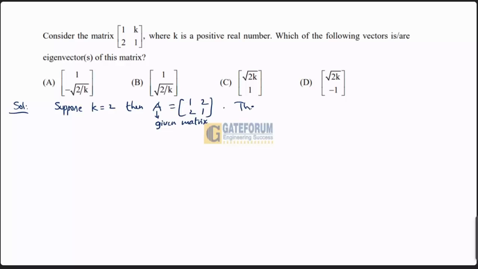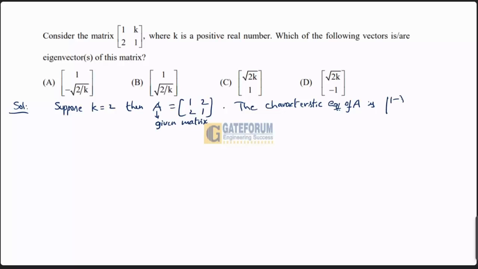The characteristic equation is determinant of A minus lambda I equal to 0, or lambda square minus the sum of the eigenvalues into lambda plus the product of the eigenvalues equal to 0, using that method also.